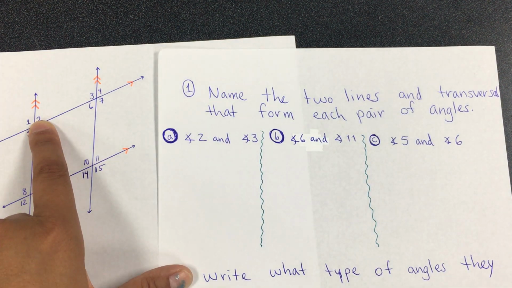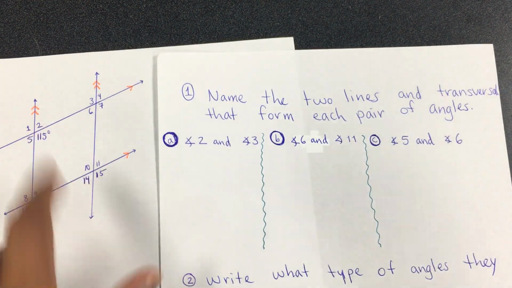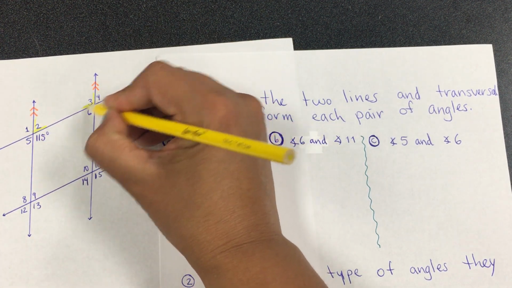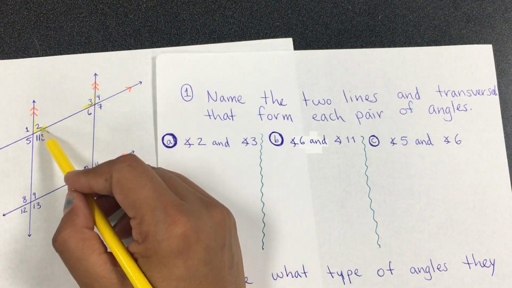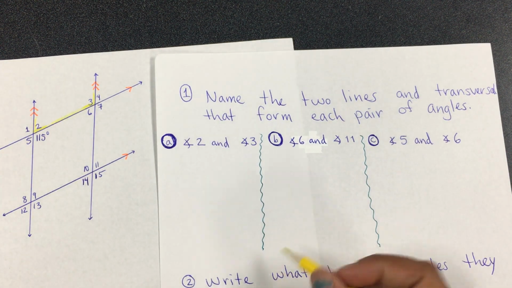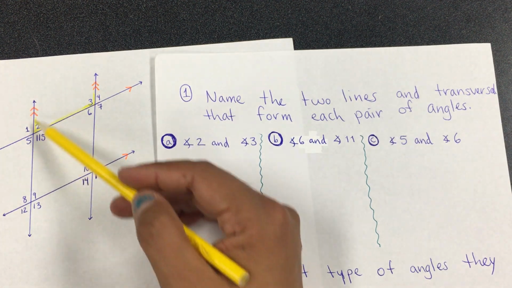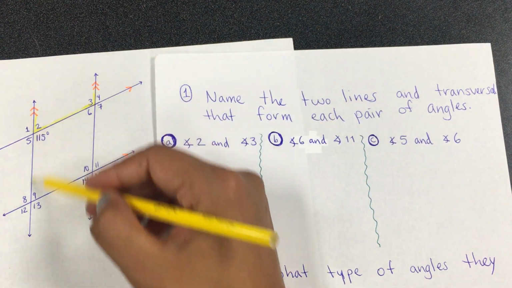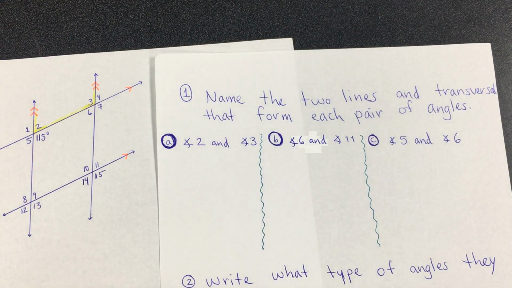So if I look at those, angle 2 and angle 3, they don't look like little boots exactly the same, but if I connect it in here, they form letter Z. So they are the 2 lines that are parallel to each other. Basically look for something that will never touch.